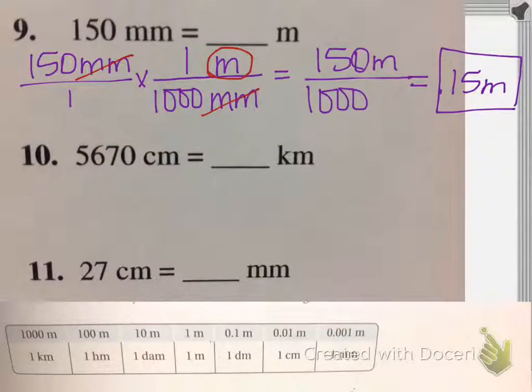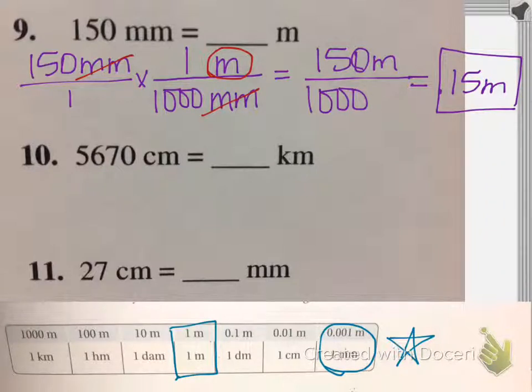Now the other thing I wanted to show you is if you go down here to the bottom and look at this little table down here, when I am dealing with millimeters, so here's my millimeters, and I want to go to meters, which is right here.